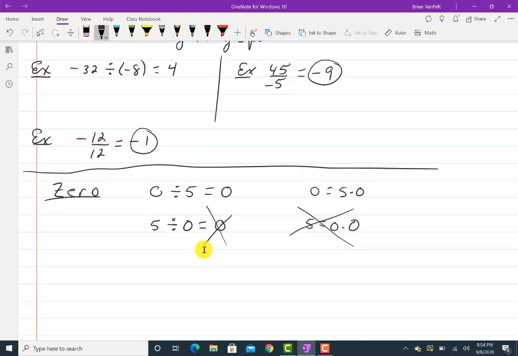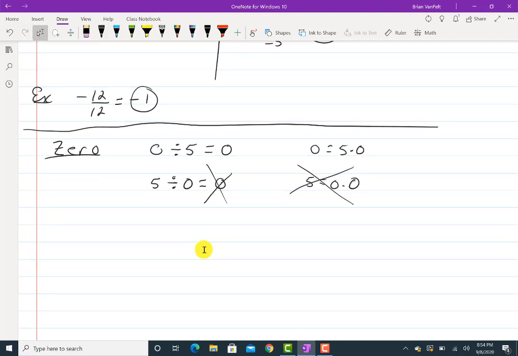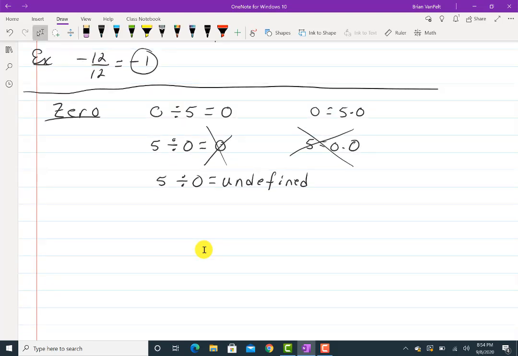So this is not true. In fact, try it on your calculator. Type it in just like you see it, and you will get an error message on your calculator. So we simply write this as our answer whenever we put a 0 after the division sign. So no matter what, if you try to divide by 0, you're going to get something that is undefined.